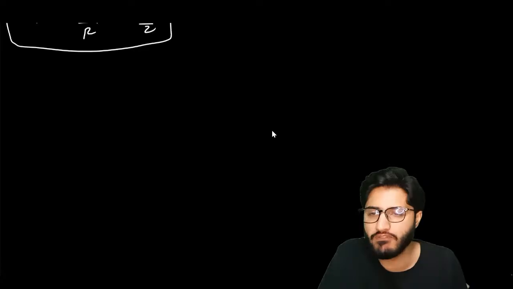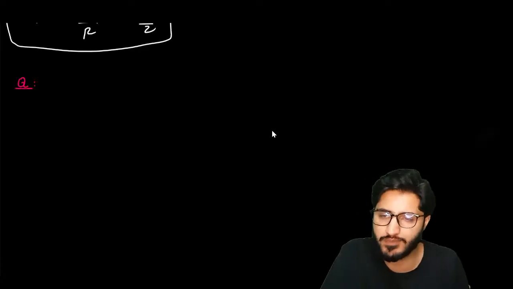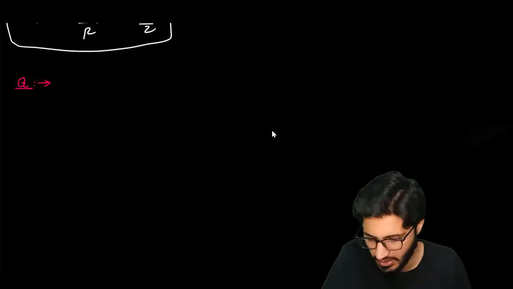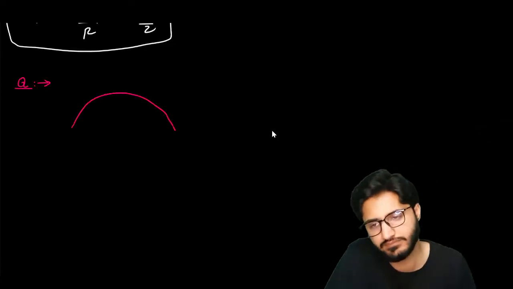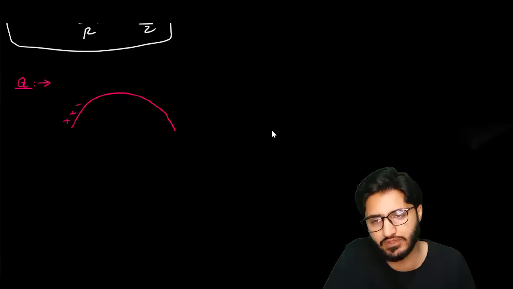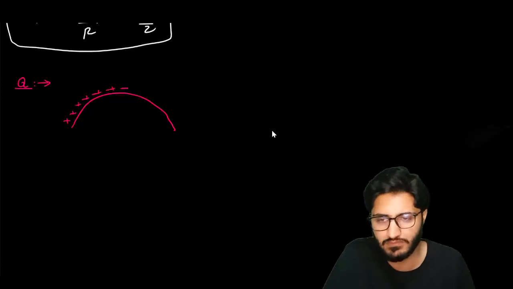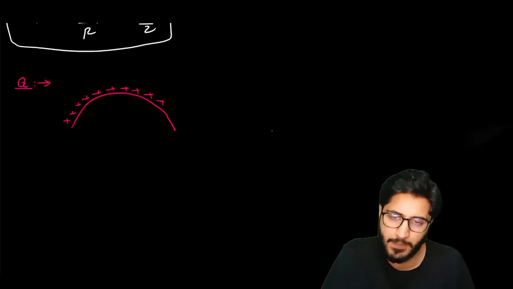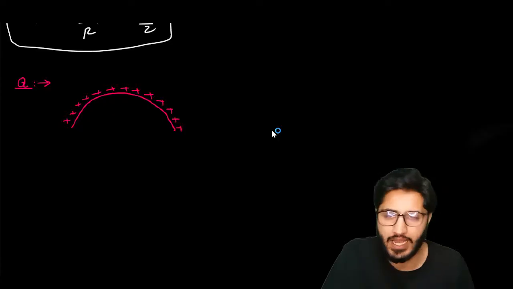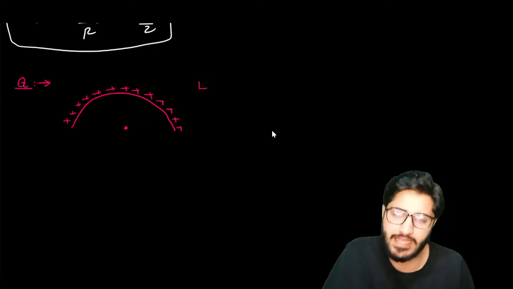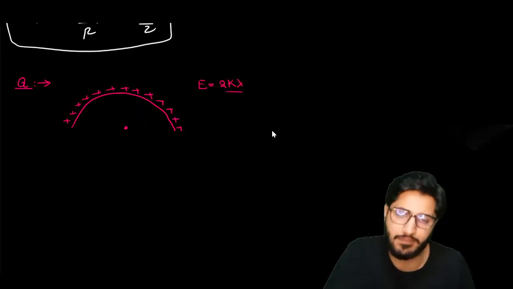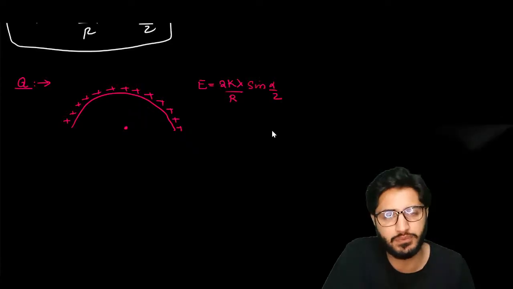Suppose we have a question, and my question is like, find for a semicircular arc, with charges given like this, the field at the center. So what is my expression? 2k lambda by r sine alpha by 2.